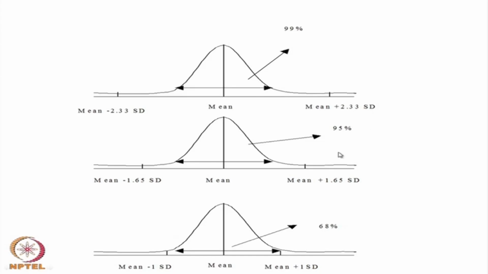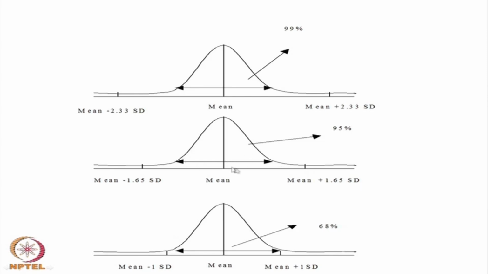Suppose you are 95% sure, here the distribution of standard deviation is such that it is from mean minus 1.65 standard deviation, from this point, to mean plus 1.65 standard deviation.